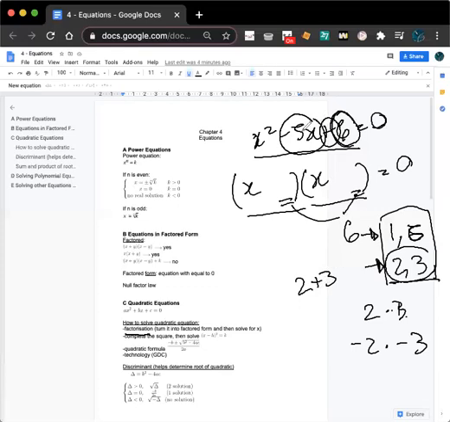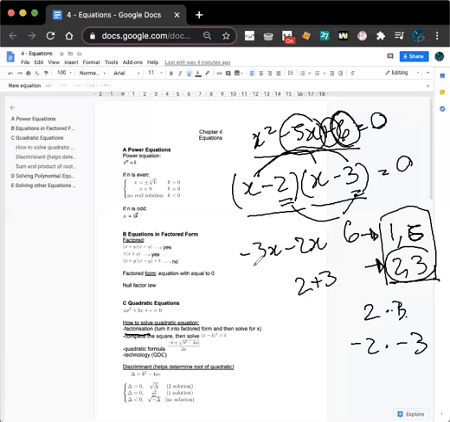So since this is negative 5x, the plausible values would be negative 2 times negative 3. You get me? If you think about how this works, you multiply this by this and then this by this, so you're going to have minus 3x minus 2x.